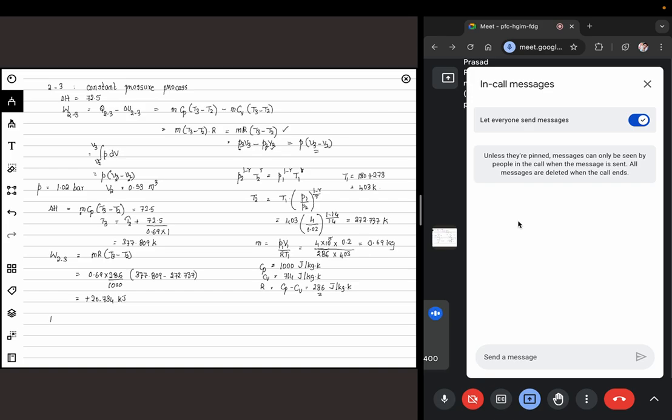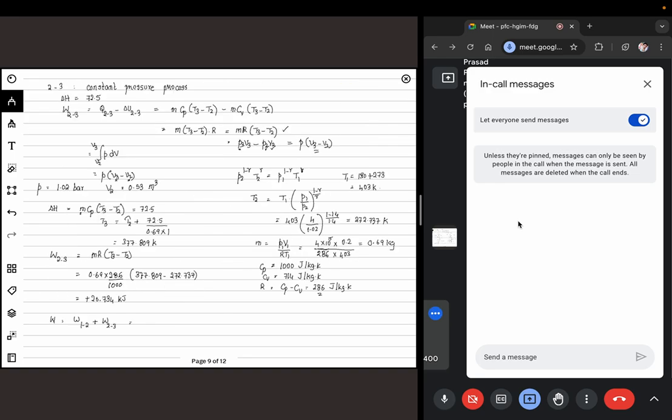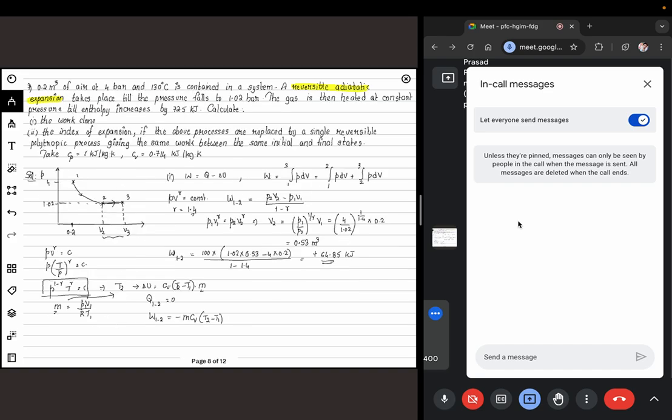So now the total work done is 1 to 2 plus 2 to 3, the reversible adiabatic process plus a constant pressure expansion process. So that is given by the previous case we have 64.85. This is the total work done. This is the first part of the problem.